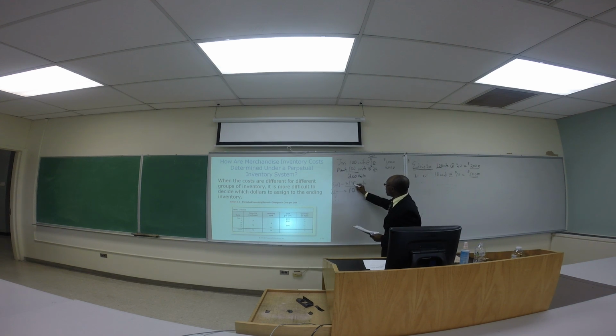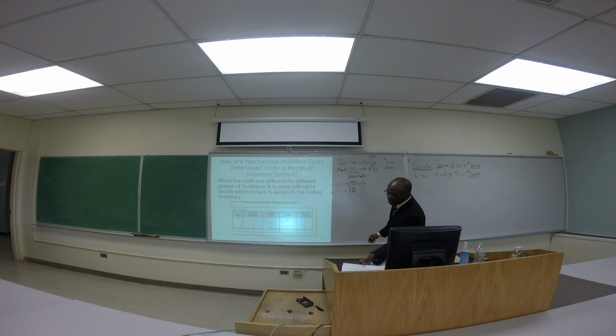We sold 190 units. If the assumption is these units were sold first, then the cost of goods sold would consist of 100 multiplied by $10 each, then an additional 90 multiplied by $20. So we are going to demonstrate this in a minute.